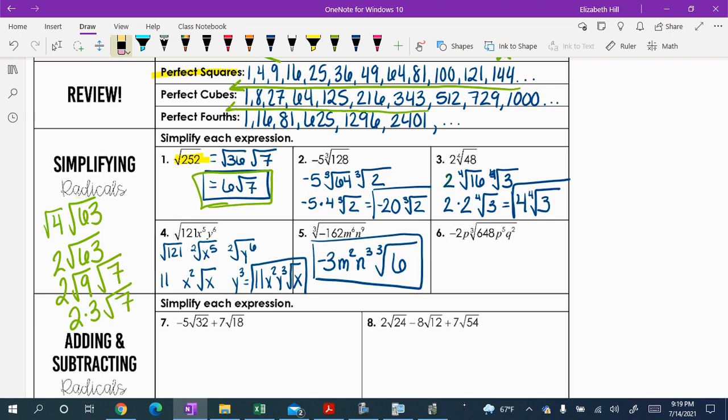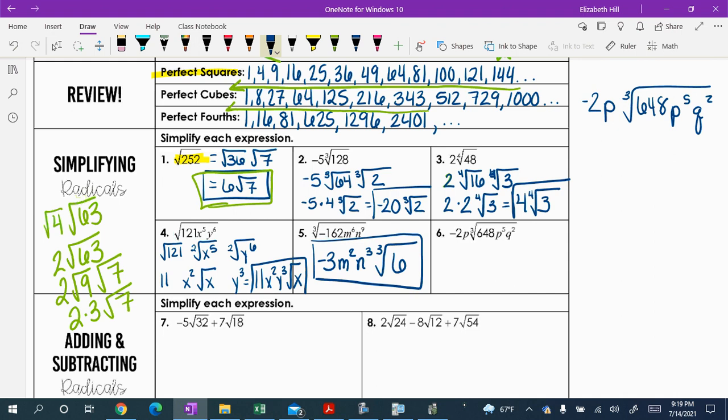Over onto number 6 right here, you've got the cubed root of 648. You've got that negative 2p out in front. For the 648, I'm looking for what perfect cube goes into that, and it looks like 216 actually works.